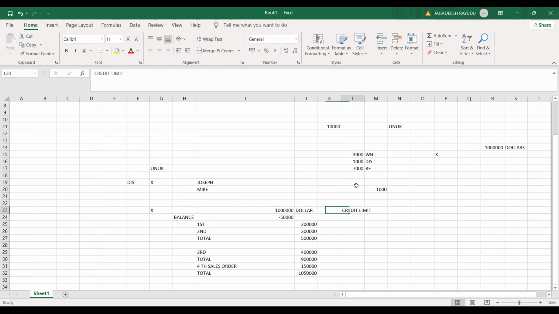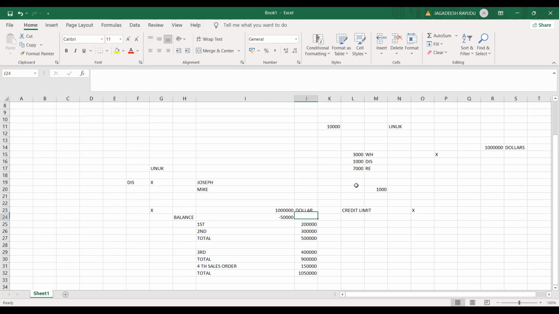When the credit limit is crossed, your SAP system is going to block automatically, because you cannot maintain this data manually in Excel. That's why it becomes a dynamic function. For this, you require what we call a credit pricing engine, which calculates dynamically.